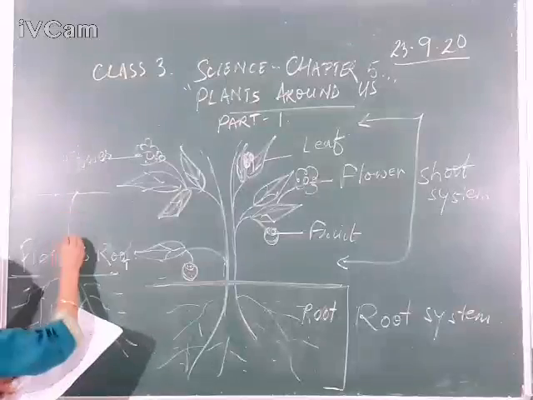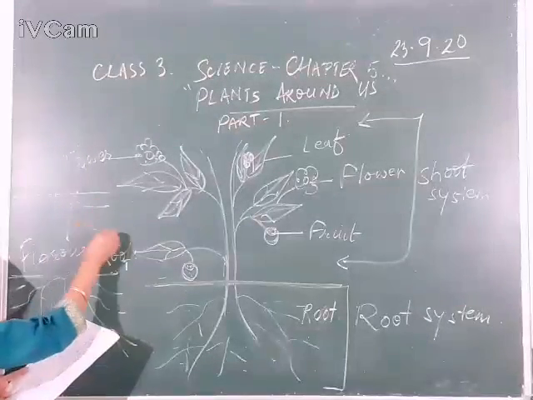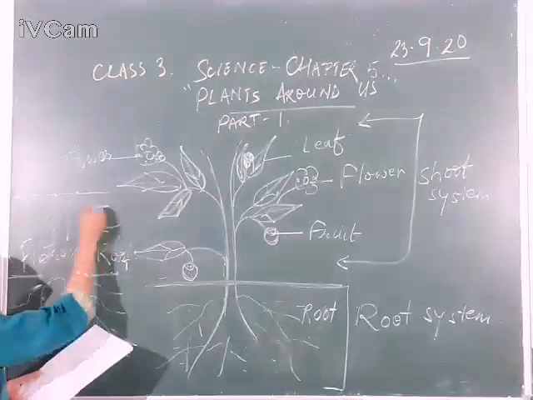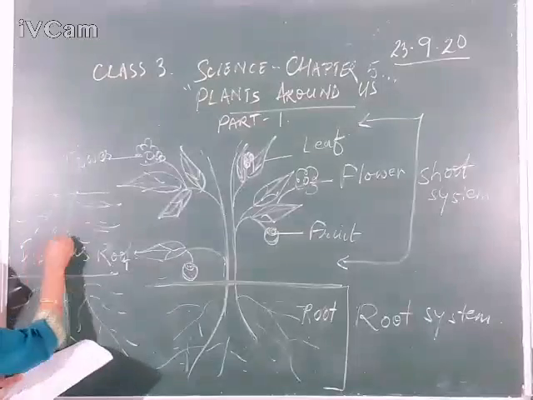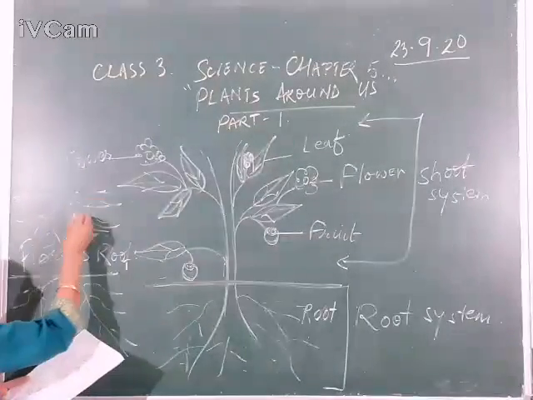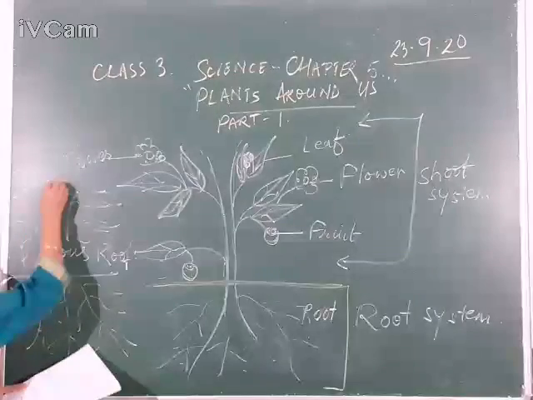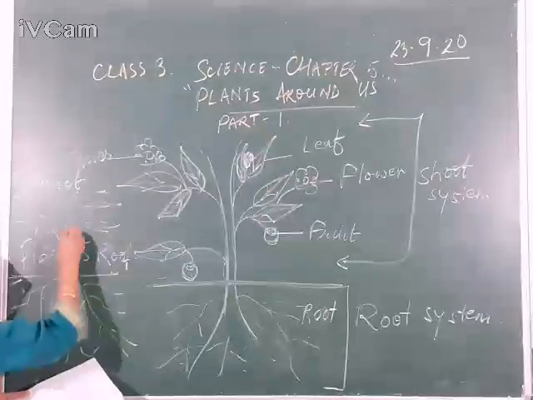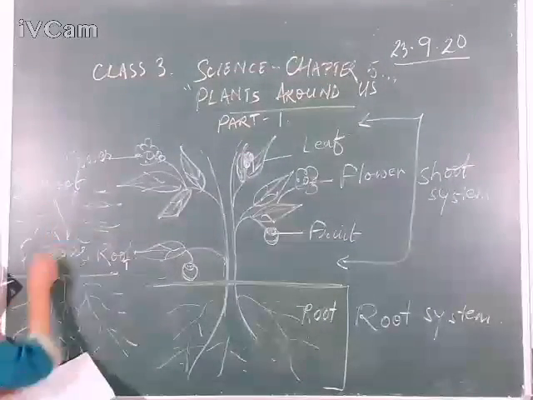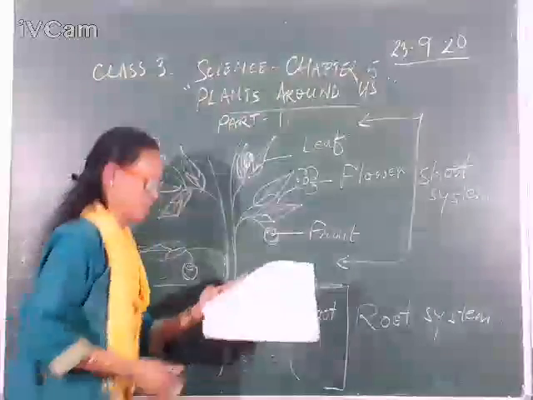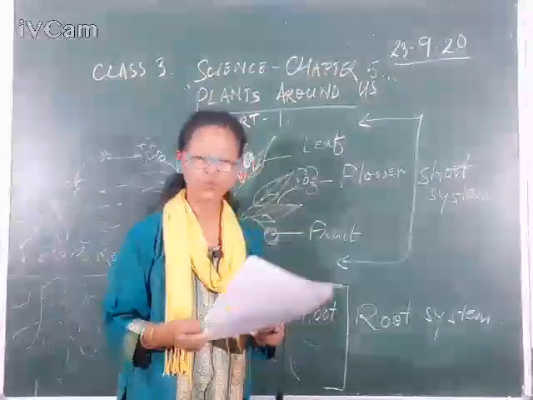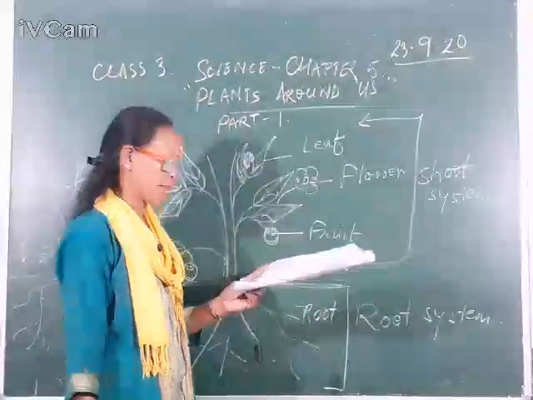It is broad out here in the middle and then it is like this, right? Yeah, this is called taproot. So the taproot is a thick root that grows from the base of the stem.